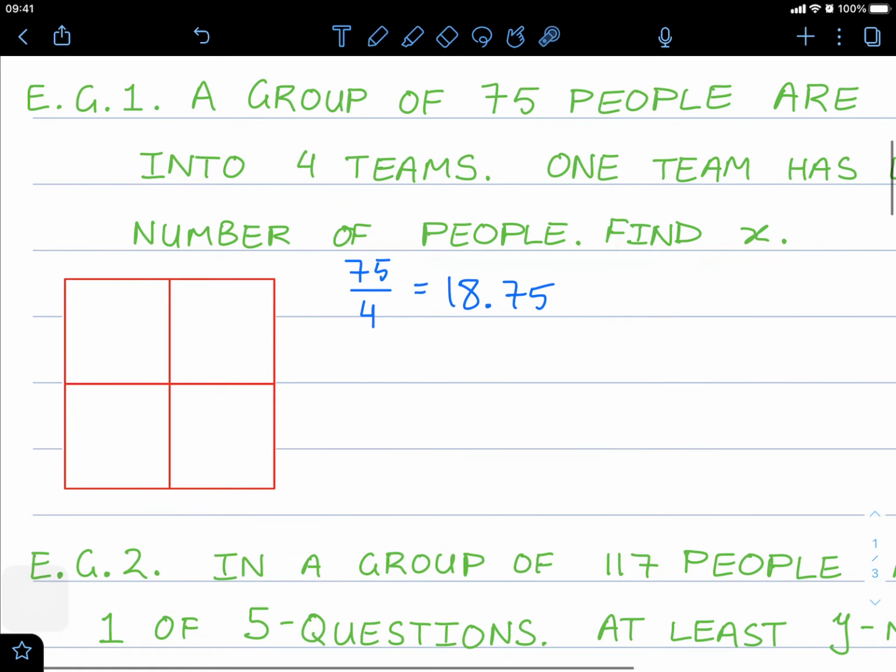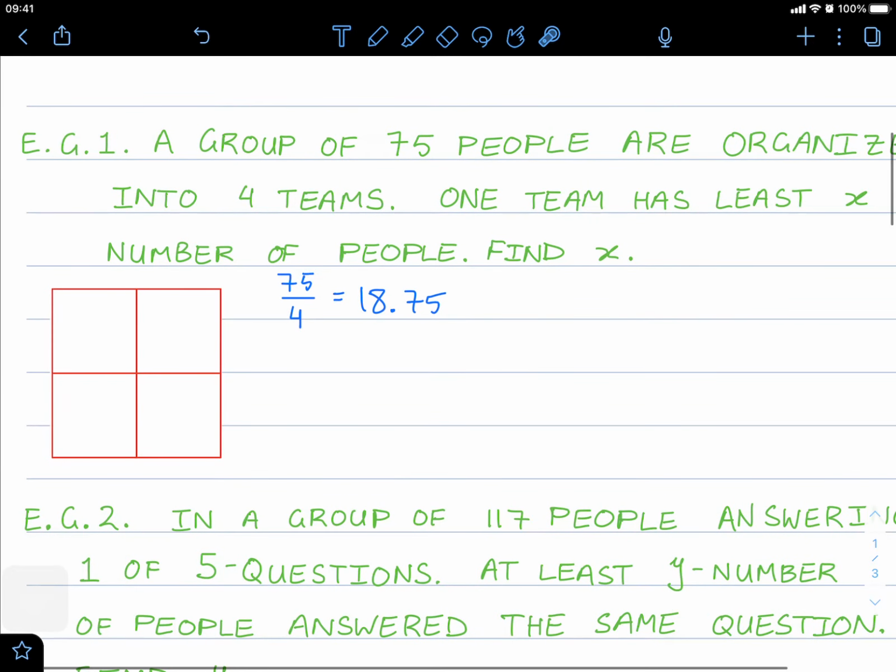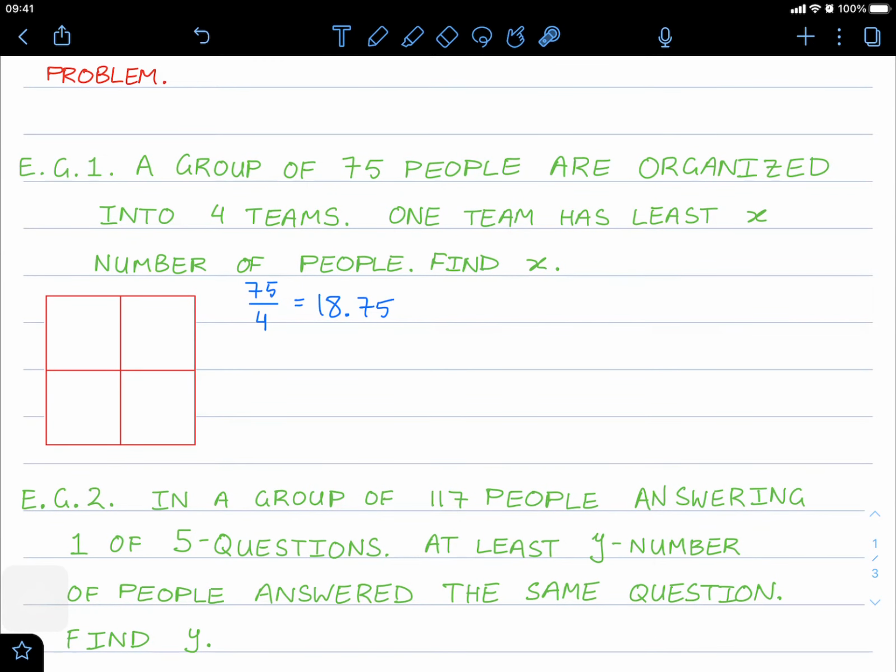So that means if we try to keep the number of people as evenly distributed as possible into the 4 teams, each team should get 18.75 people. But as you know, that's impossible to do because you can't get 0.75 of a person. So we round up and we get 19 people.